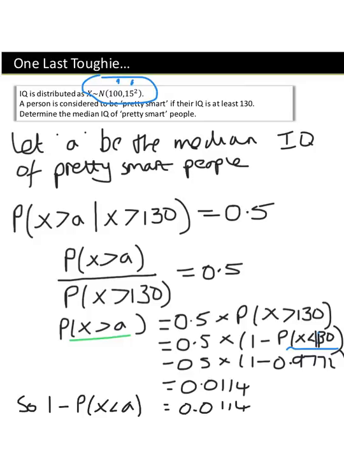So the probability that x is less than A, just rearranging this, is equal to 1 minus 0.0114, which equals 0.9886.